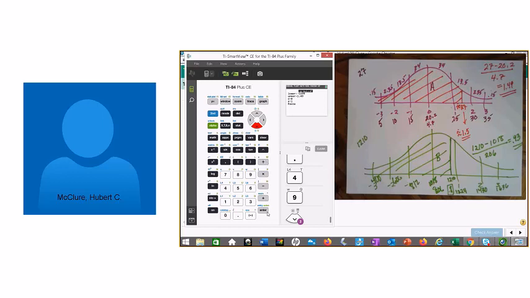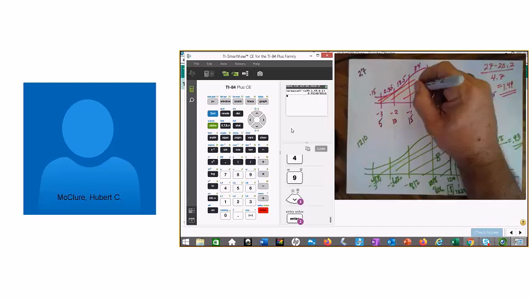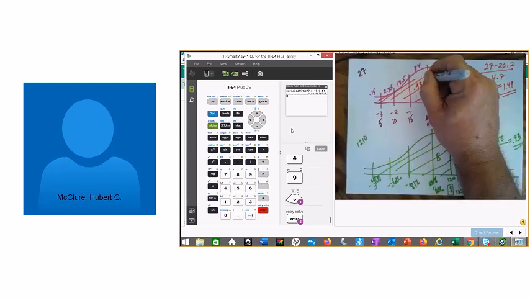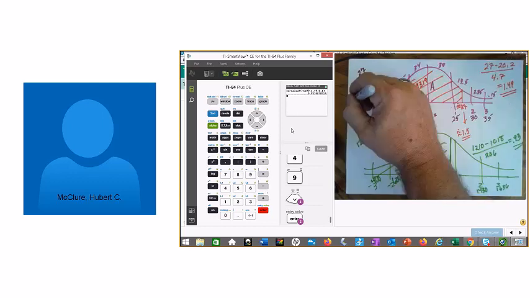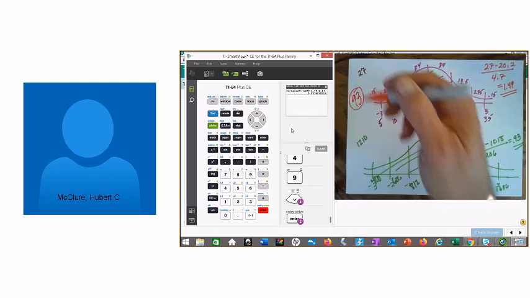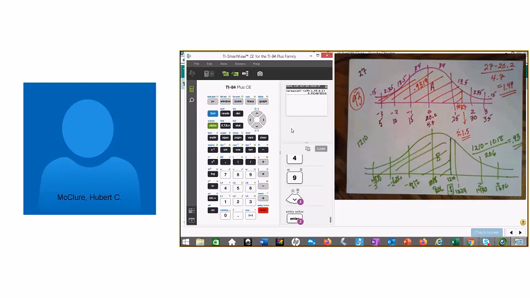So enter, and enter. I got 0.93. I'm going to write 0.9319 in orange, which means he made a 93 on the test. He's in the 93rd percentile.